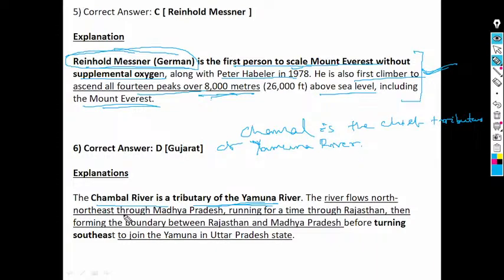It flows through Madhya Pradesh, running for a time through Rajasthan, then forming a boundary between Rajasthan and Madhya Pradesh, before turning southeast to join the Yamuna in Uttar Pradesh.